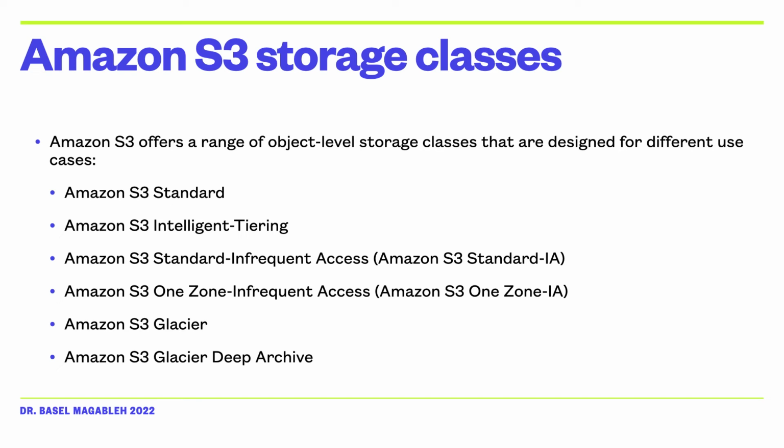Also, Amazon S3 Glacier has another class called Deep Archive. Amazon S3 Glacier Deep Archive is the lowest-cost storage class for Amazon S3. It supports long-term retention and digital preservation for data that might be accessed once or twice in a year. It is designed for customers, particularly customers in highly regulated industries, such as financial services, healthcare, and the public sector.